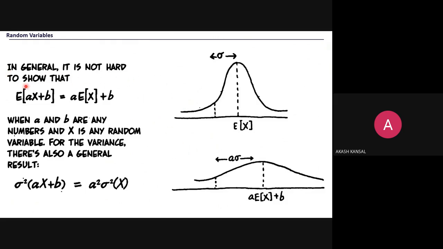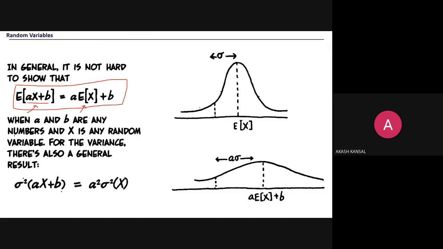In general, we can show that the expectation of aX plus b, where X is my random variable and a and b are some numbers, let's say 10 or 6, will be equal to a times the expectation of X plus b. This is a very important formula. If we have derived a new random variable from another random variable as a linear combination, aX plus b, then you can calculate the expectation of that new random variable using statistical formulas.